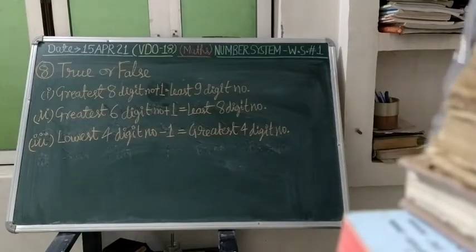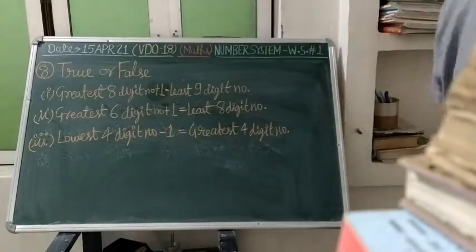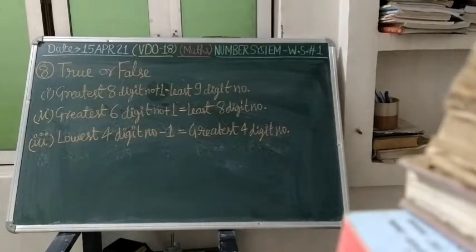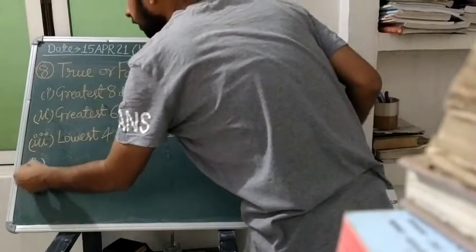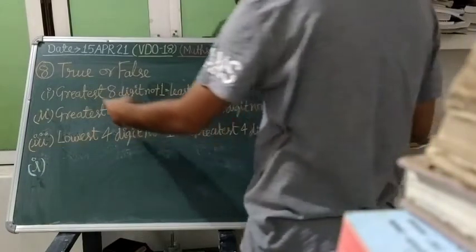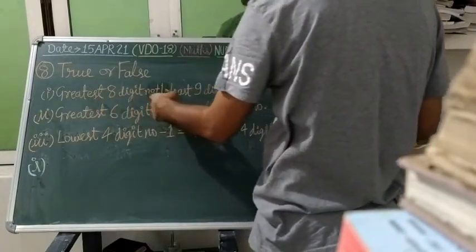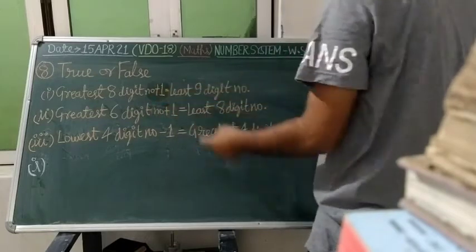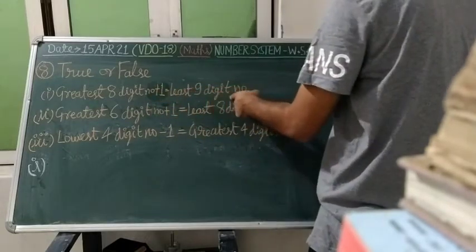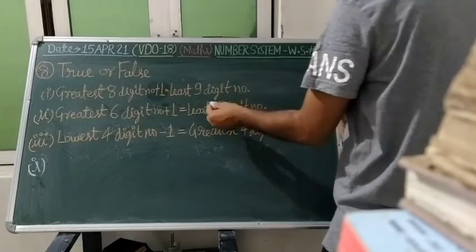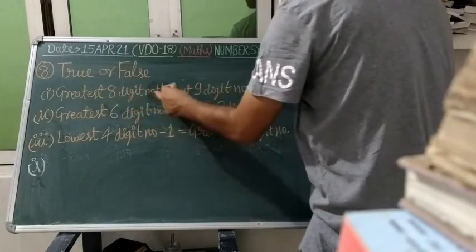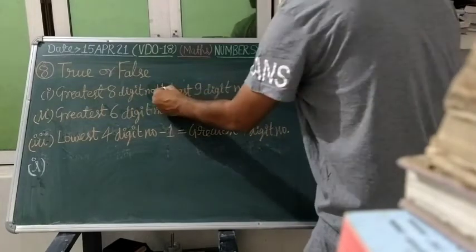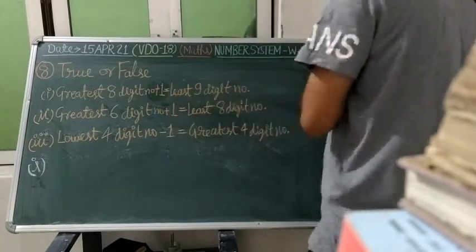Now come to the 8th problem, students. In the 8th, they are saying you to find true or false. The first one is saying to you, greatest 8-digit number plus 1 is equal to least 9-digit number. When you do greatest 8-digit number plus 1, check whether it is equal to the least 9-digit number.